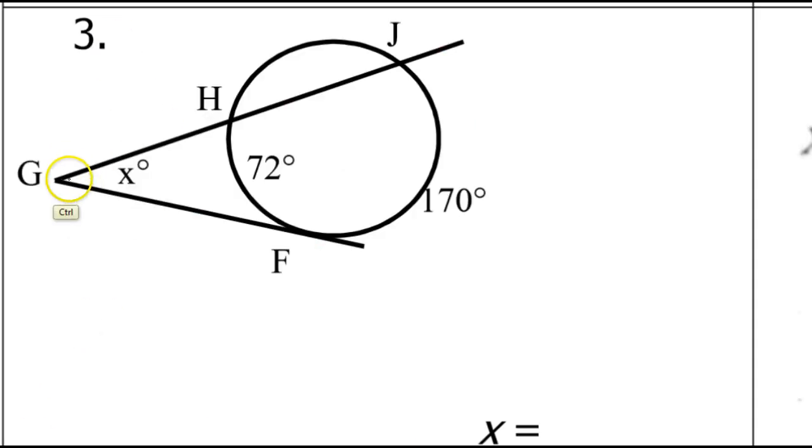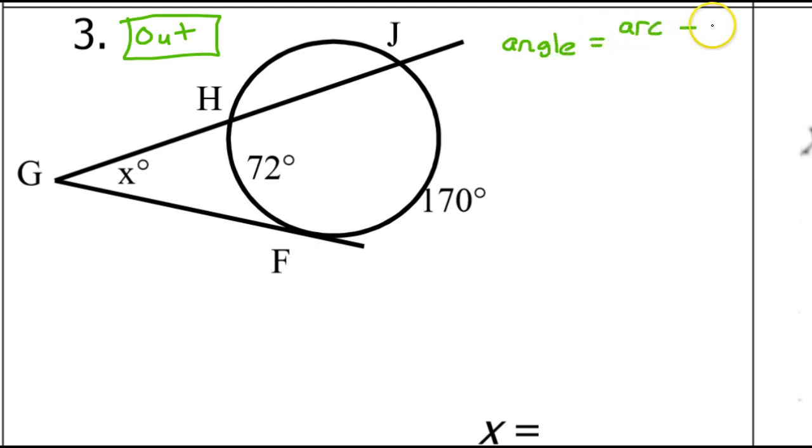For number 3, this angle is outside the circle. So the formula for outside the circle is angle is equal to arc minus arc divided by 2.